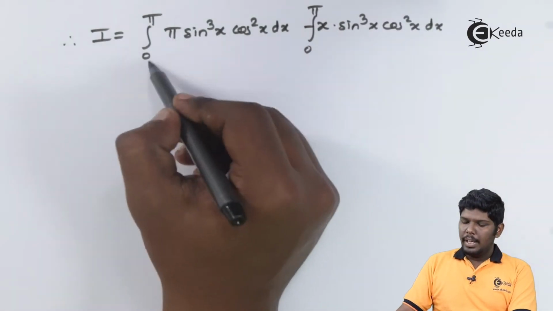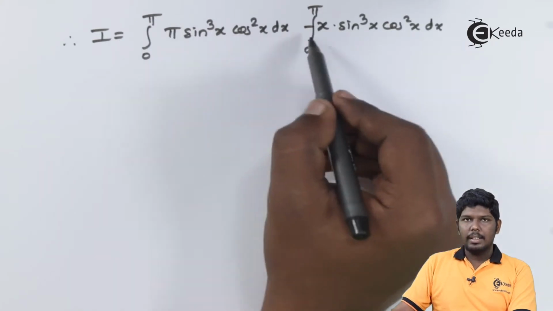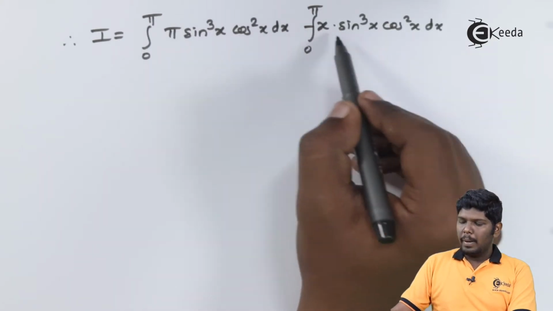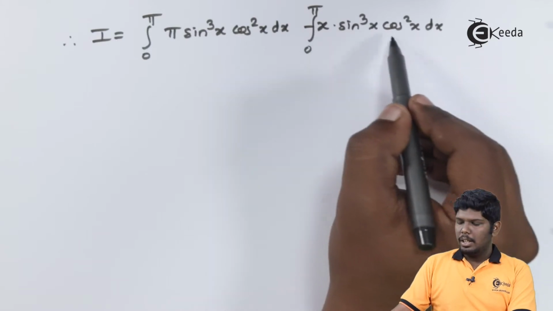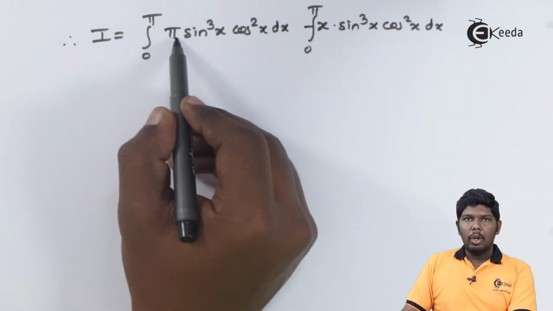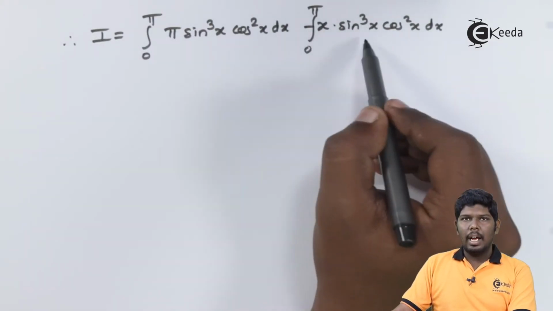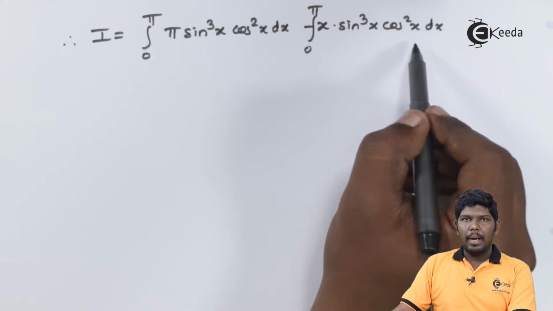This will give you integral 0 to pi of pi times sin cube x cos square x dx minus integral 0 to pi x into sin cube x cos square x dx. In the first integral you can take pi constant outside, and in the second integral this is the original integral I. So let us replace this part by I.